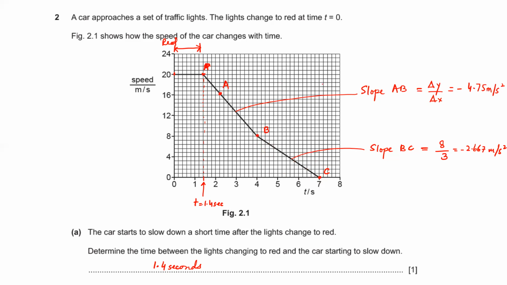And again, we can see from these slopes that they are not constant or the same. And since there's a minus sign, the minus sign shows deceleration. And since both are not the same, it means that the deceleration is not uniform.